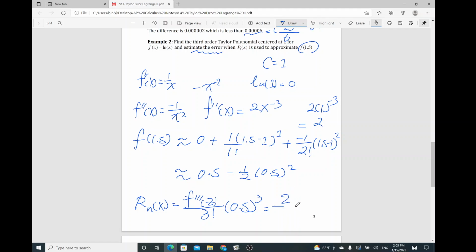So 2 over 3 factorial, 3 times 2 times 1, that would be 6, and then 0.5 to the third power. So the maximum error would be 1/3 times 0.5 to the power of 3.